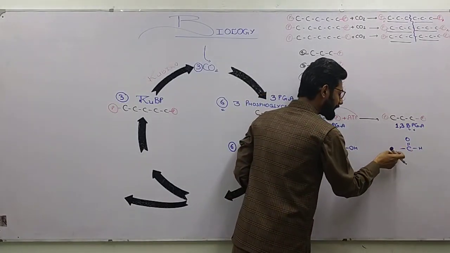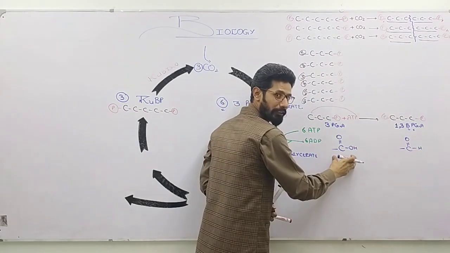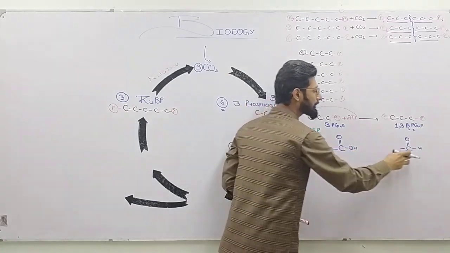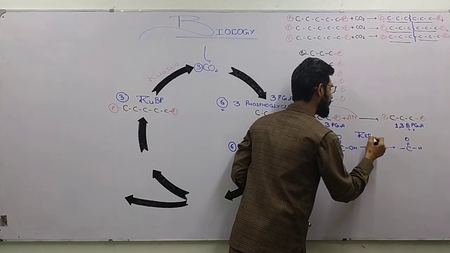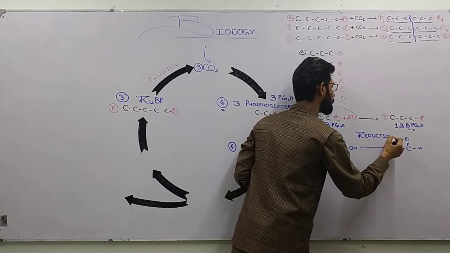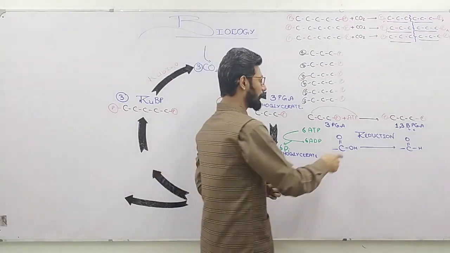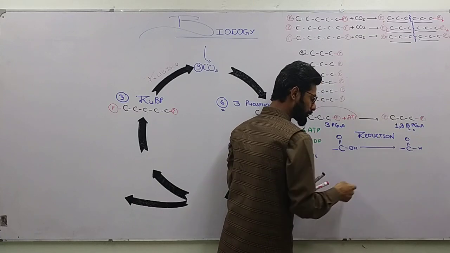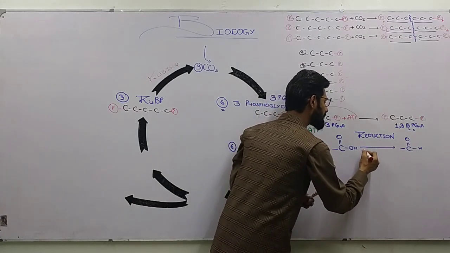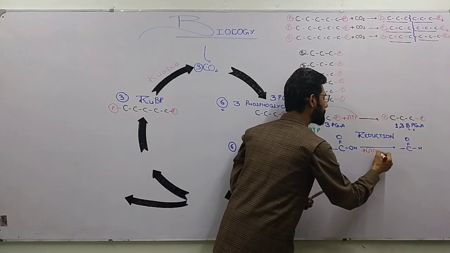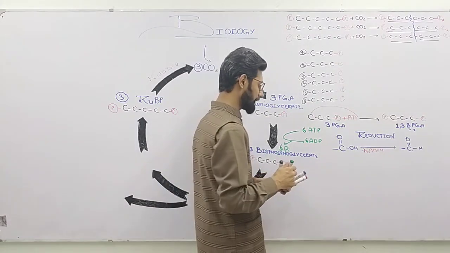So this is the formula of sugar. When you have to convert carboxylic acid into a sugar, a reduction process is needed. To reduce carboxylic acid into a sugar, you need a reducing agent, which is NADPH, which comes from the light dependent reaction.